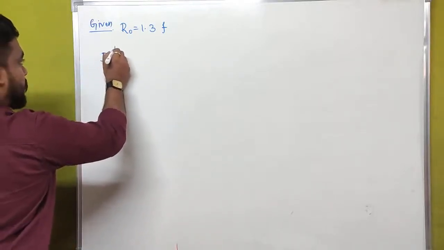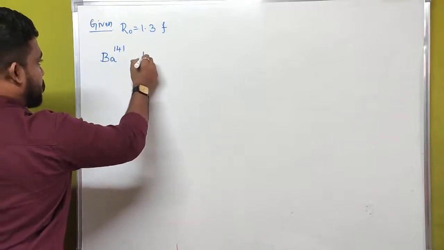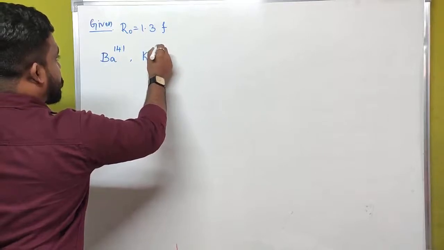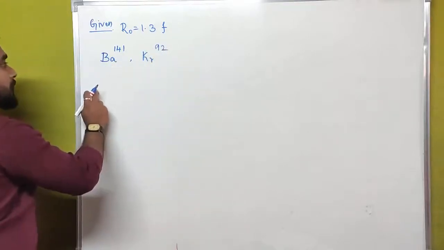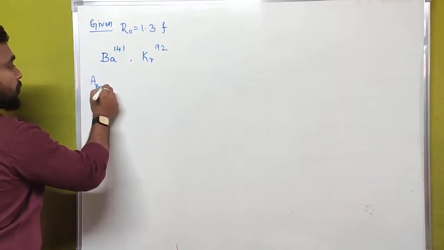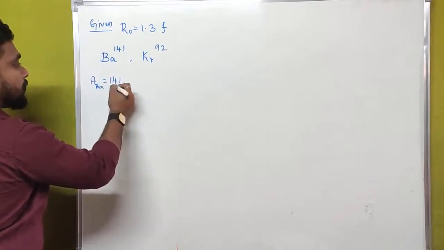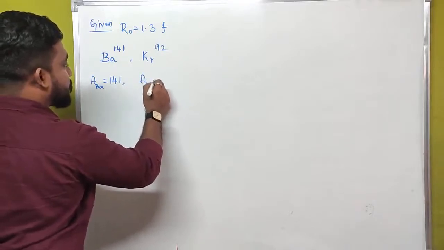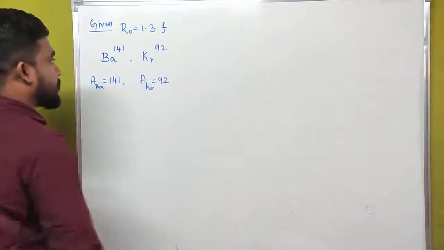The other given constants are barium 141 and krypton 92. Actually, the mass number of barium is 141 and the mass number of krypton is 92. These are the given constants.